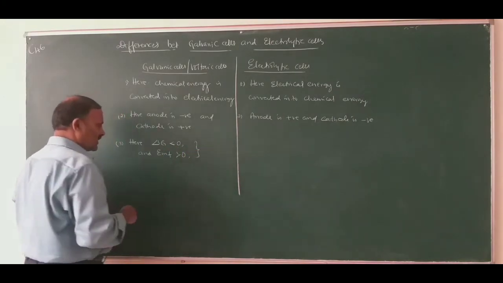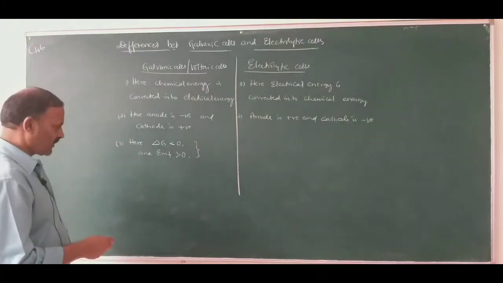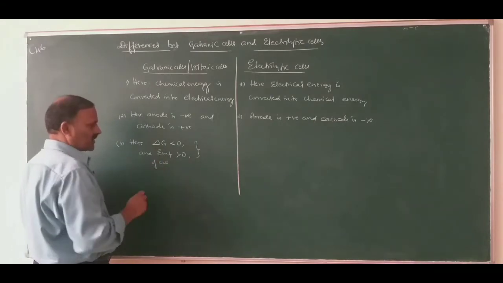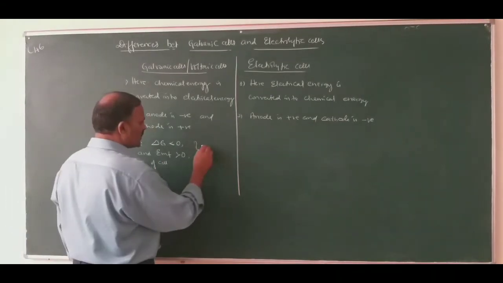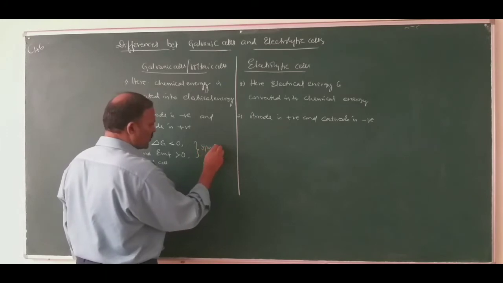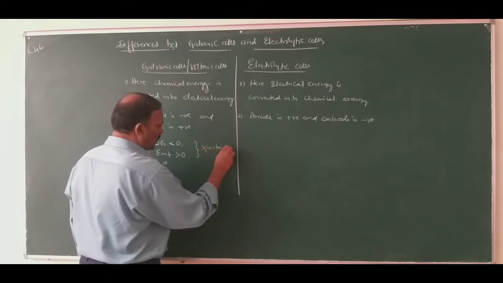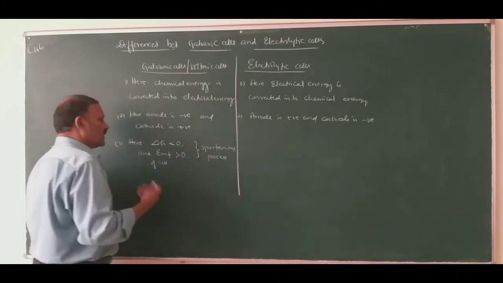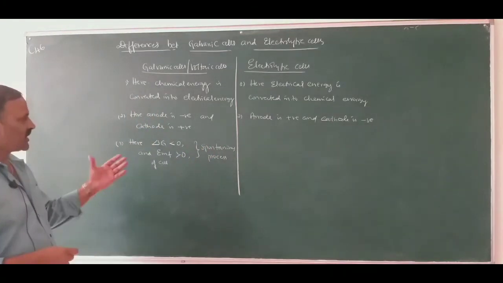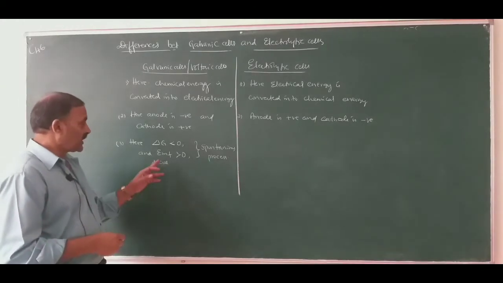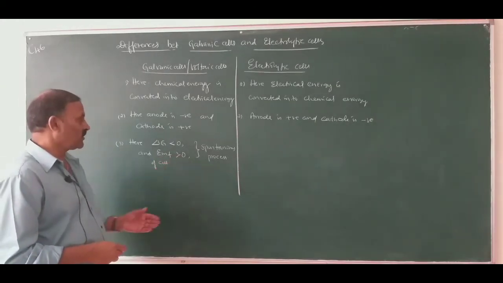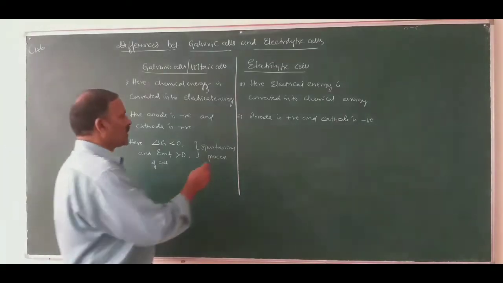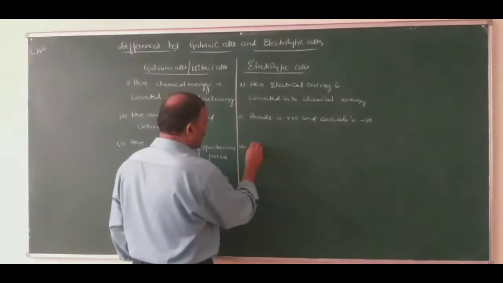When delta G is less than 0 and the EMF of the cell is greater than 0, it is a spontaneous process. That means the redox reaction is spontaneous, and if the EMF is positive, then the cell reaction is feasible.